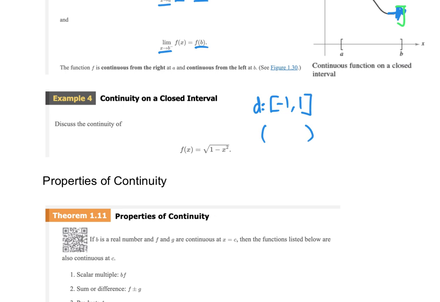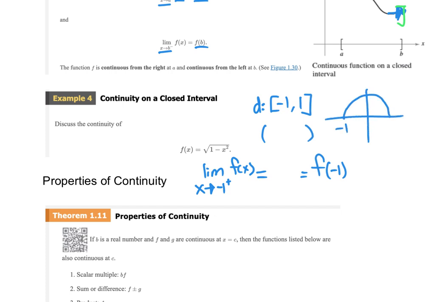It would be continuous on the open interval, and the limit as x approaches -1 from the right of f of x, we need to figure out what that is and make sure that it equals f of -1. To do that, let's just take a look at the graph. Here's -1, +1, and this goes up to 1.